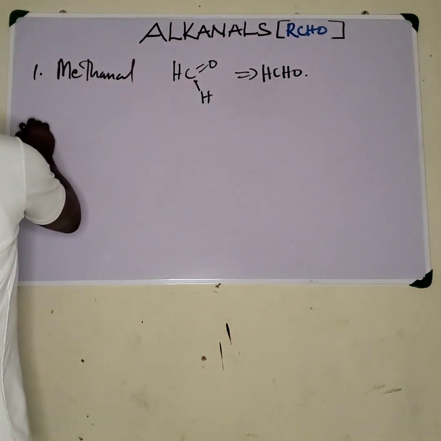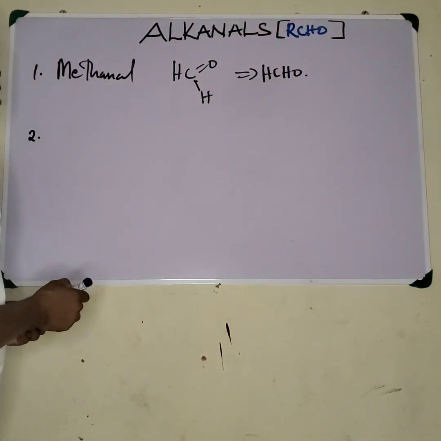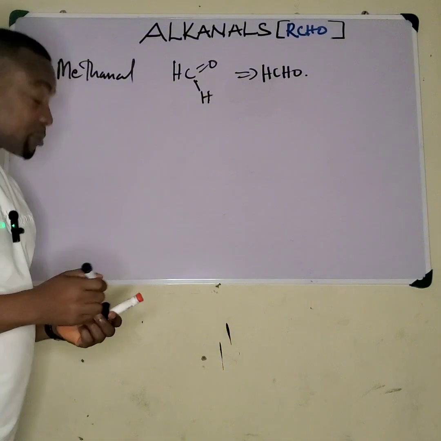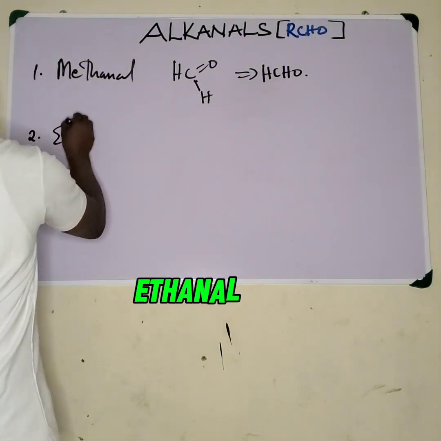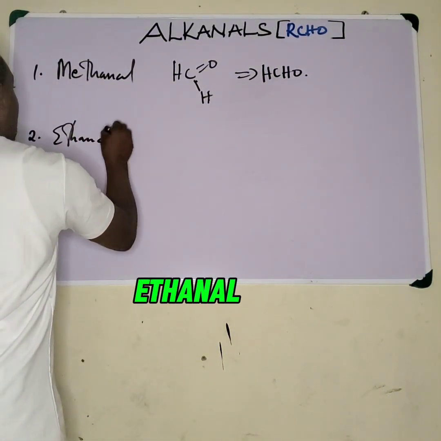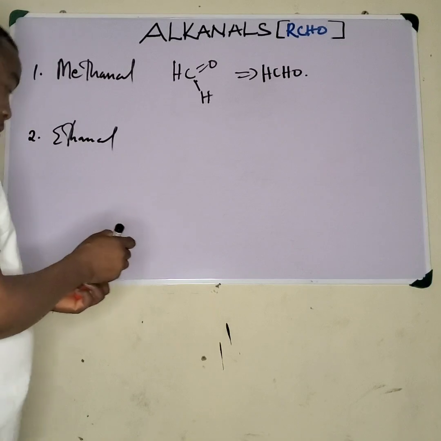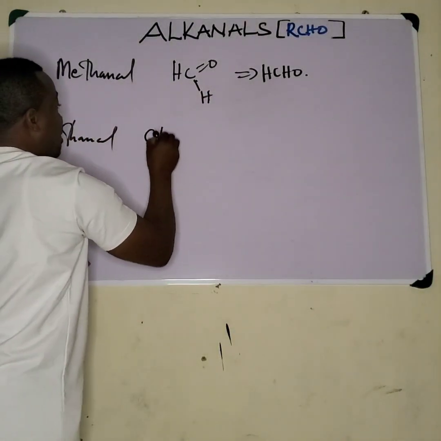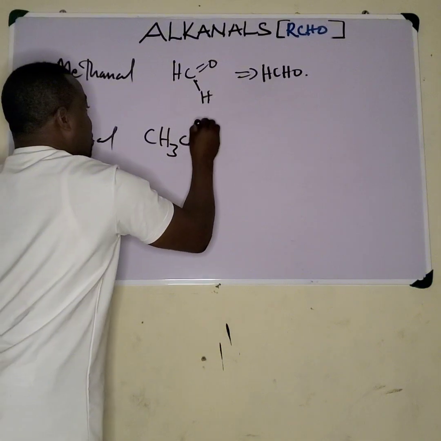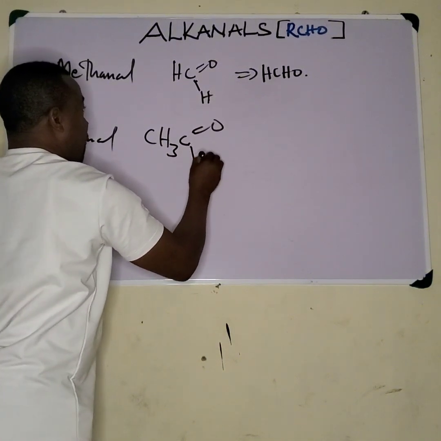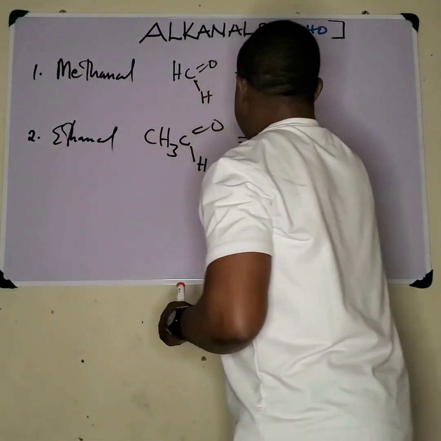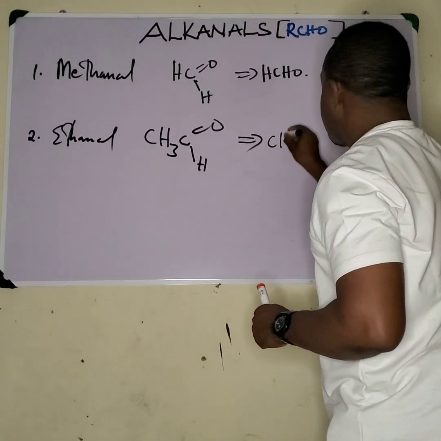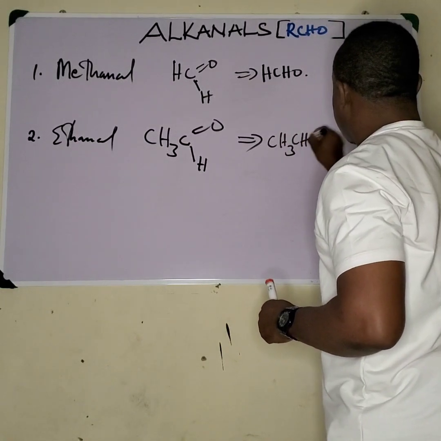The second one we have here is ethanal. Ethanal is the second common member. In this case, we have CH3 and we have our H, which signifies that we have CH3CHO.